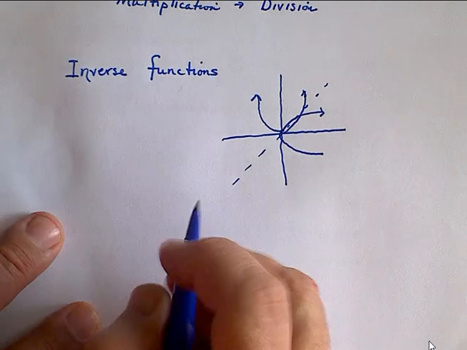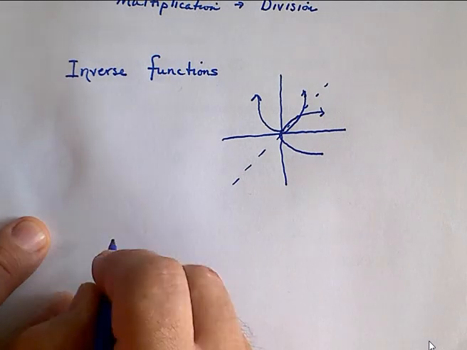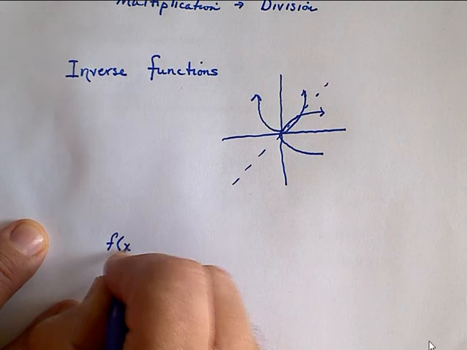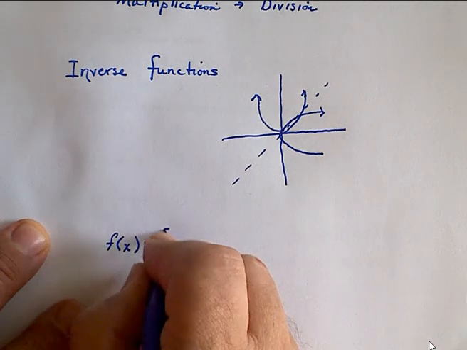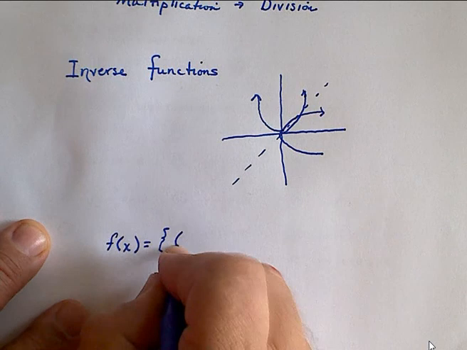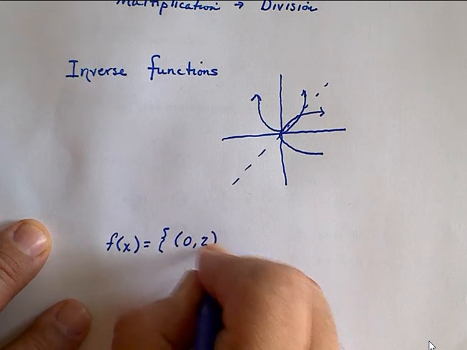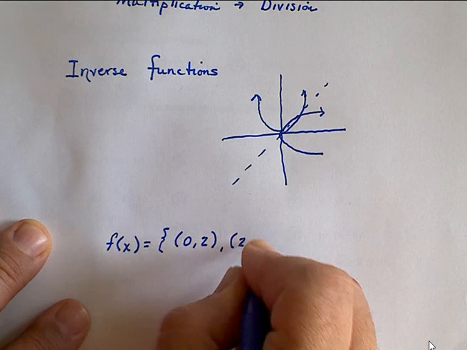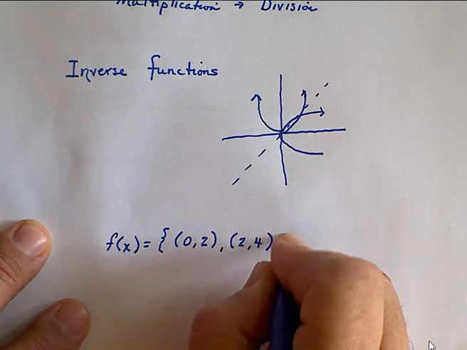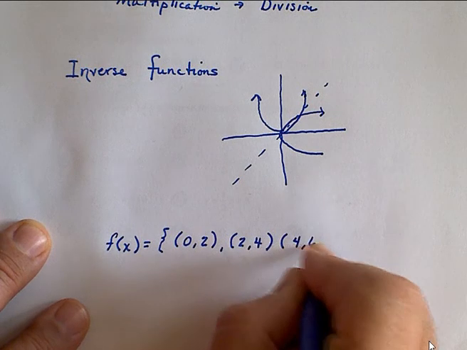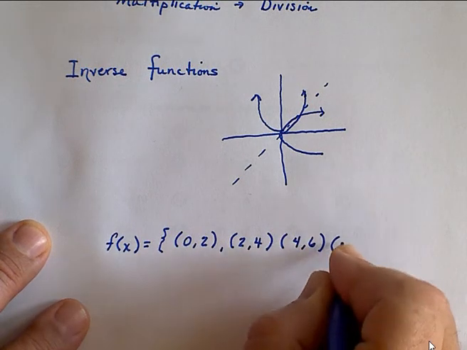If you have a function that contains the following points, let's say f of x equals the set of points (0, 2), (2, 4), (4, 6), and (6, 8).